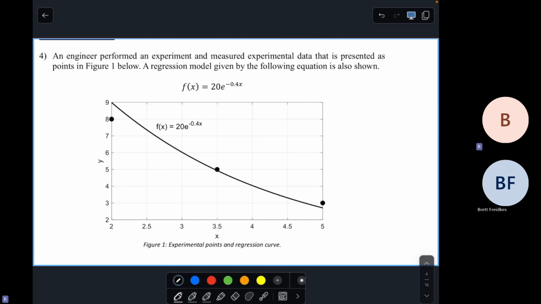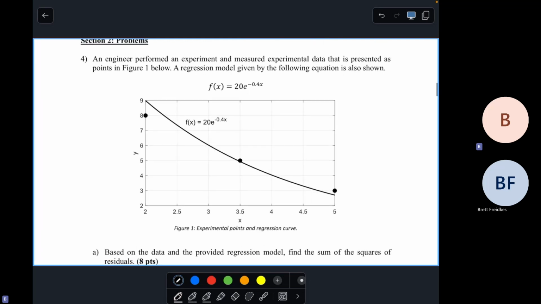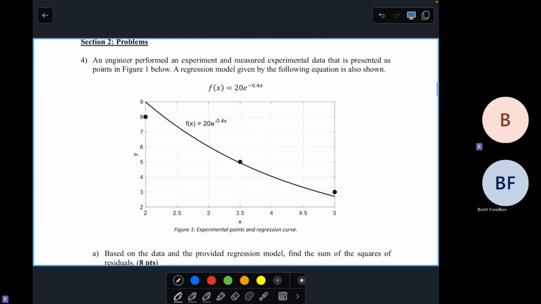Number 4. This is our first actual problem on the exam. An engineer performed an experiment and measured experimental data that's presented as points in figure 1 below. A regression model given by the following equation is also shown. So I give you f of x is 20 e to the negative 0.4x.